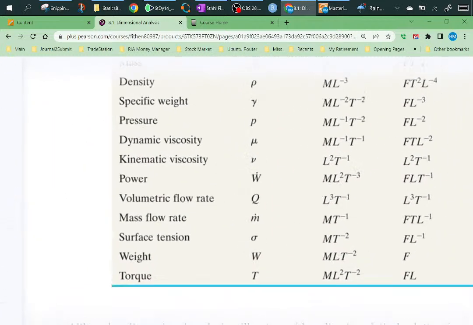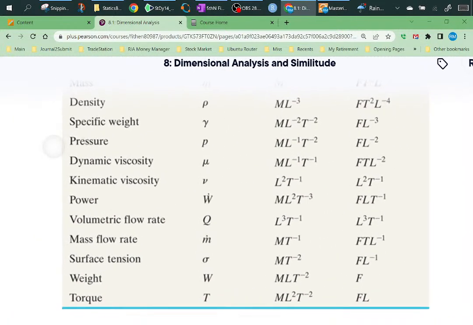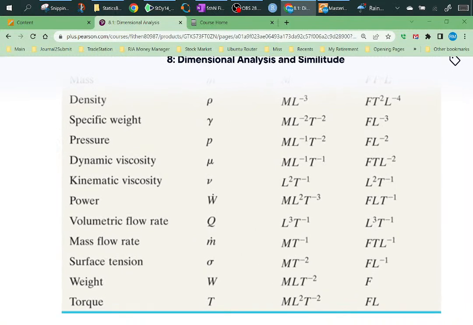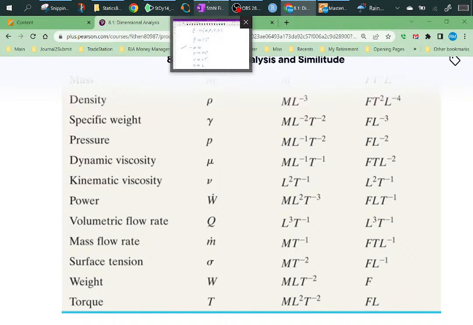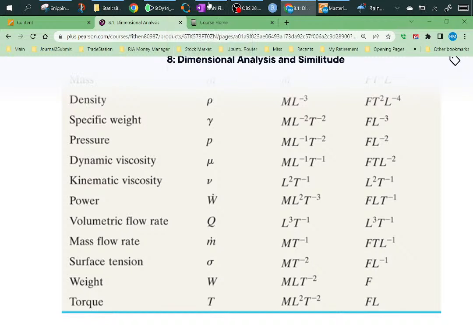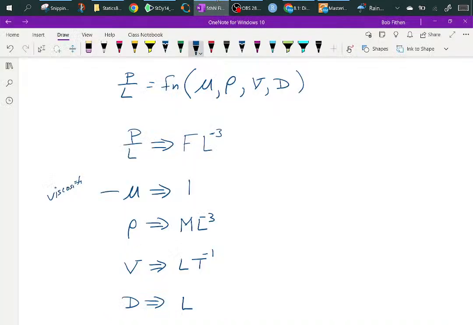So you look at this one right here. So here's your dynamic viscosity. I'll leave this up and bounce back and forth to it. So I'm going to take this in FTL to the minus 2.